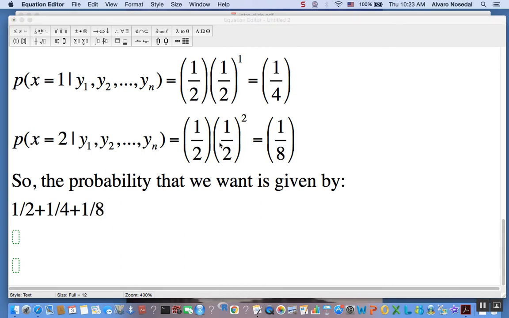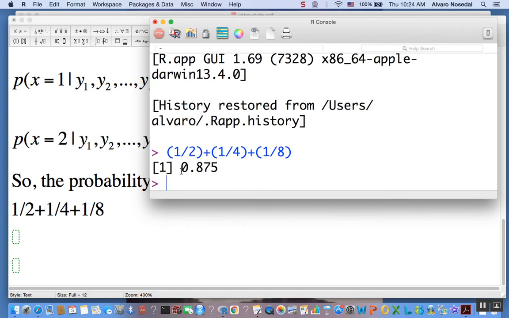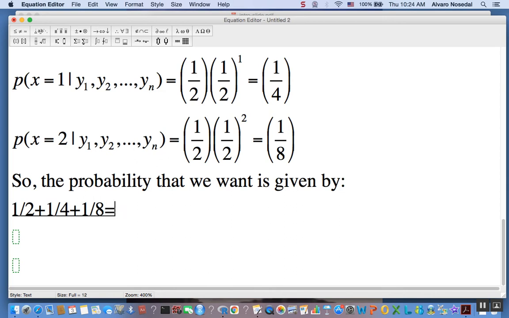Okay, let's find it. 1/2 plus 1/4 plus 1/8. Okay, so 0.875. Okay, so that's one way of doing it.